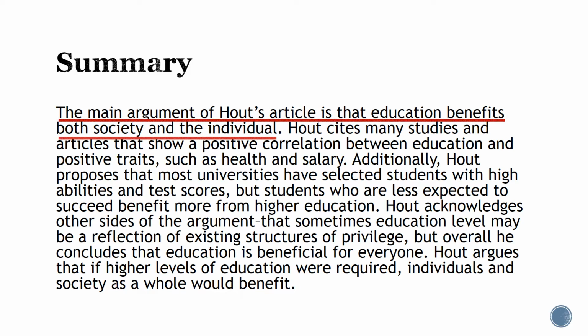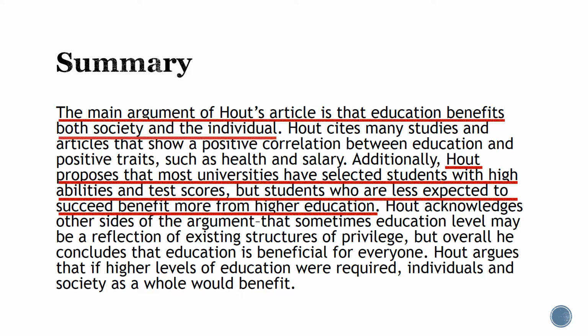I also made sure to include any important information. For example, I said, Hout proposes that most universities have selected students with high abilities and test scores, but students who are less expected to succeed benefit more from higher education. So that seemed as though it was an important detail, and note how I also attributed the author, saying additionally, Hout proposes, as opposed to just saying that's what I said.